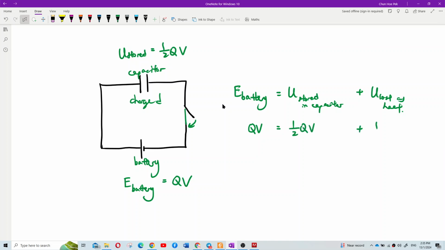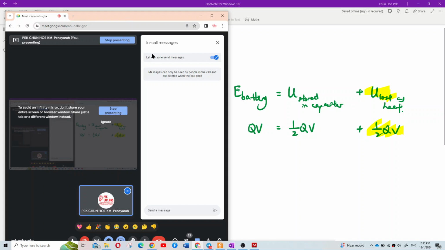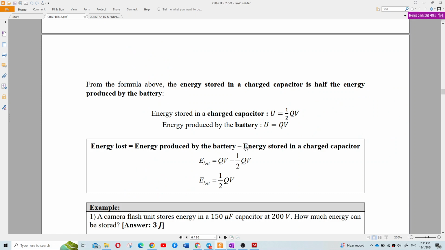So the other half is lost as heat. The battery produces this amount of energy, only half of it is stored in the capacitor as electric potential energy, and the other half is lost as heat. Okay, class? Okay, so that's it for the energy part.